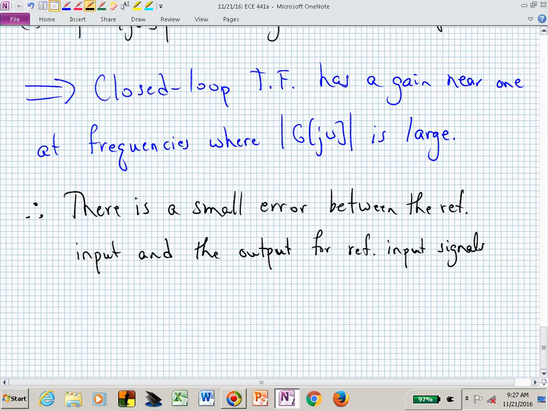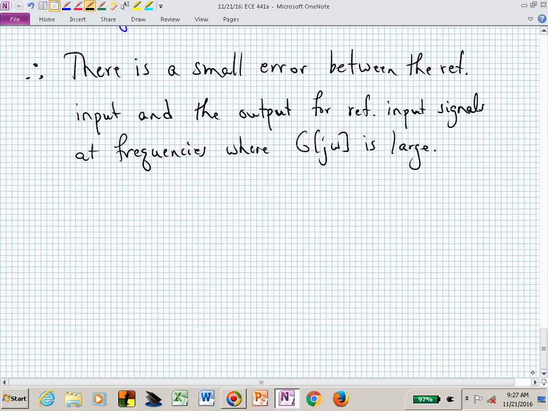So there's a small error between the reference input, or they look almost the same in terms of magnitude or value. This error is small between the reference input and the output for reference input signals at frequencies where g of j omega is large.